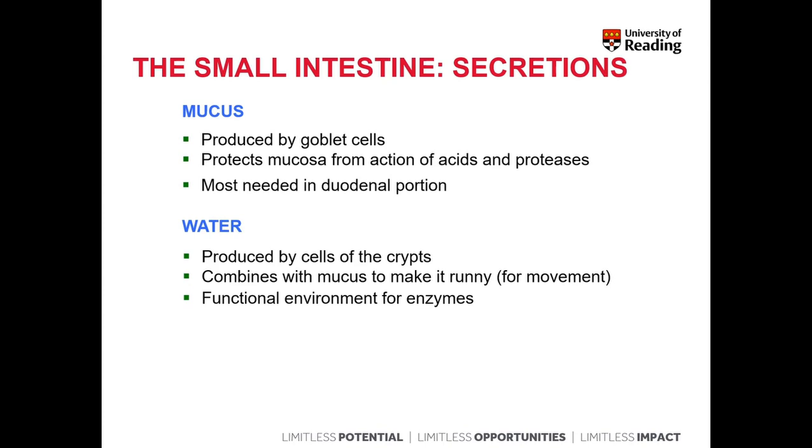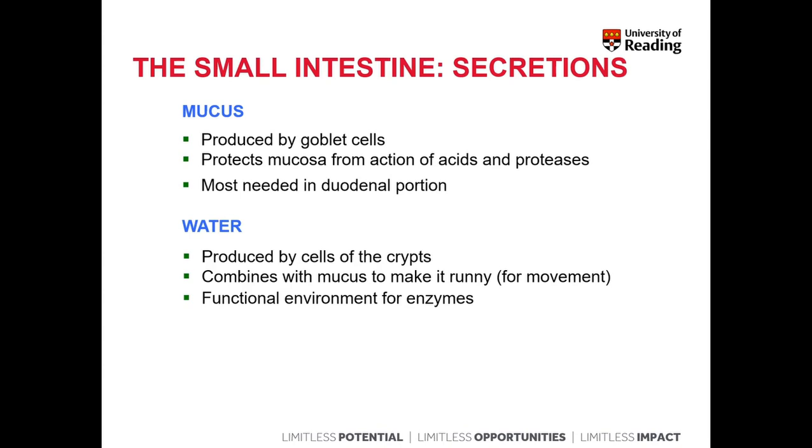Water, a lot of water gets secreted in there, mostly by cells in the crypt, and water combined with mucin makes the mucus runnier, and this is good for the movement of the content of the small intestine.